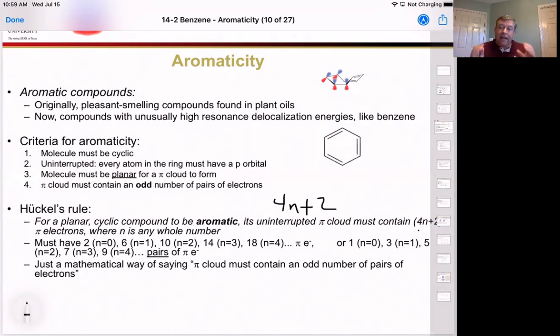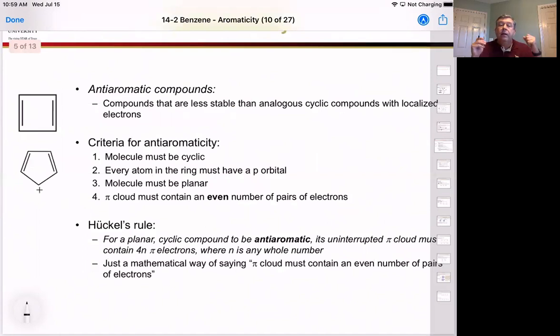So that's the meaning of the 4n plus 2 rule. N can be any number, and it just helps us account for how many electrons we are looking for in our pi cloud.